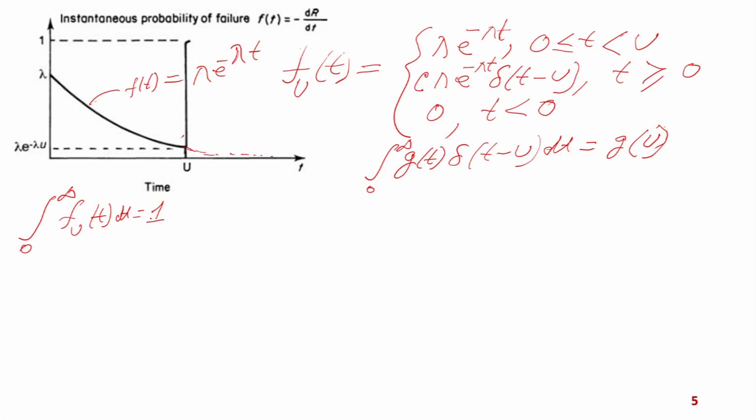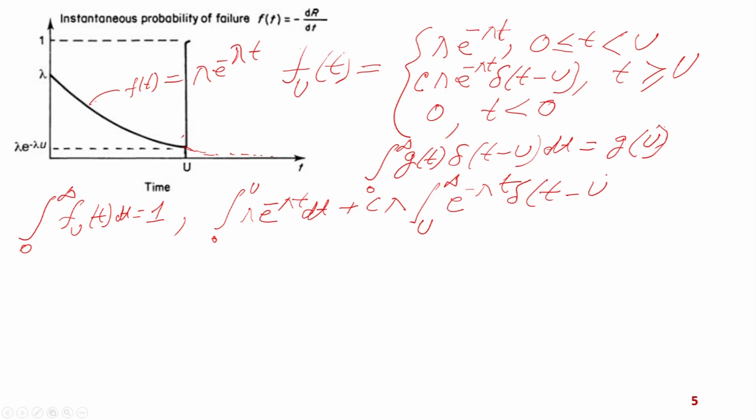So, if I write this piecewise function, I will write the integral from 0 to u of lambda e to the minus lambda t dt, then plus c(lambda) times the integral for t greater than or equal to u, that is from u to infinity, of e to the power minus lambda t times delta(t minus u) dt. Okay. So, this should be equal to 1.